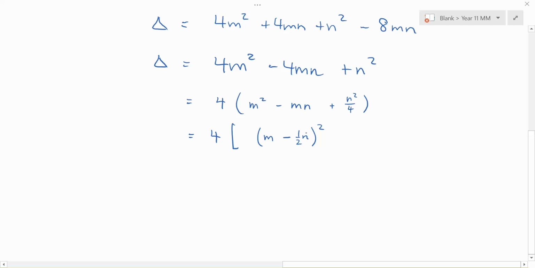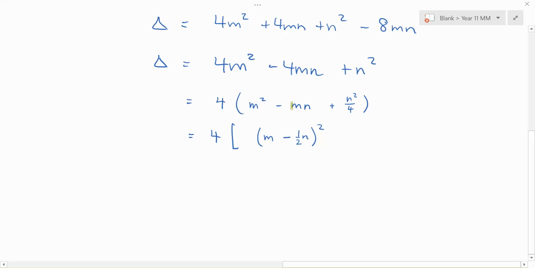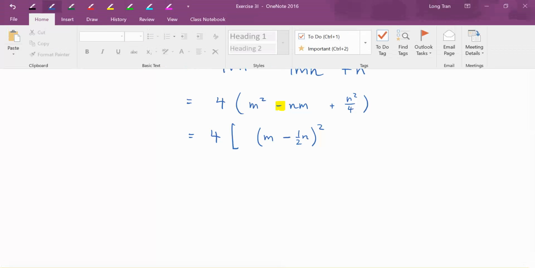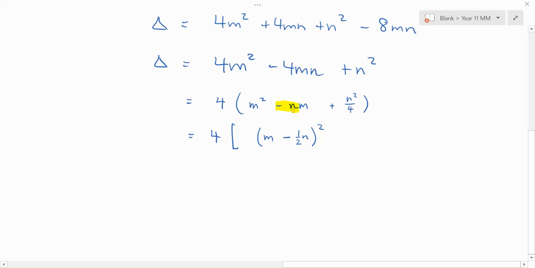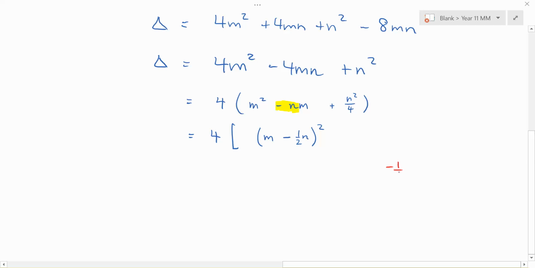How do I explain this? When I look at this, I know it's a perfect square because I know half of this b term, half of negative 1 on n. Another way to think about it is I can write it as negative nm, and half of that b term gives me negative 1 on n.